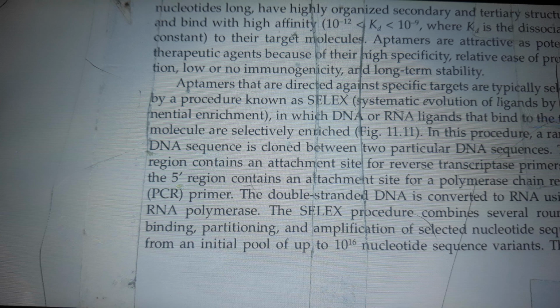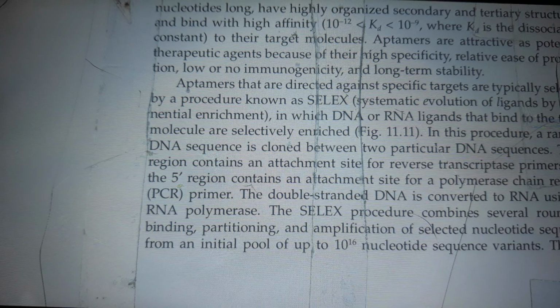In this procedure, a random DNA sequence is cloned between two particular DNA sequences. The 3' region contains an attachment site for reverse transcriptase primers, and the 5' region contains an attachment site for a polymerase chain reaction PCR primer.